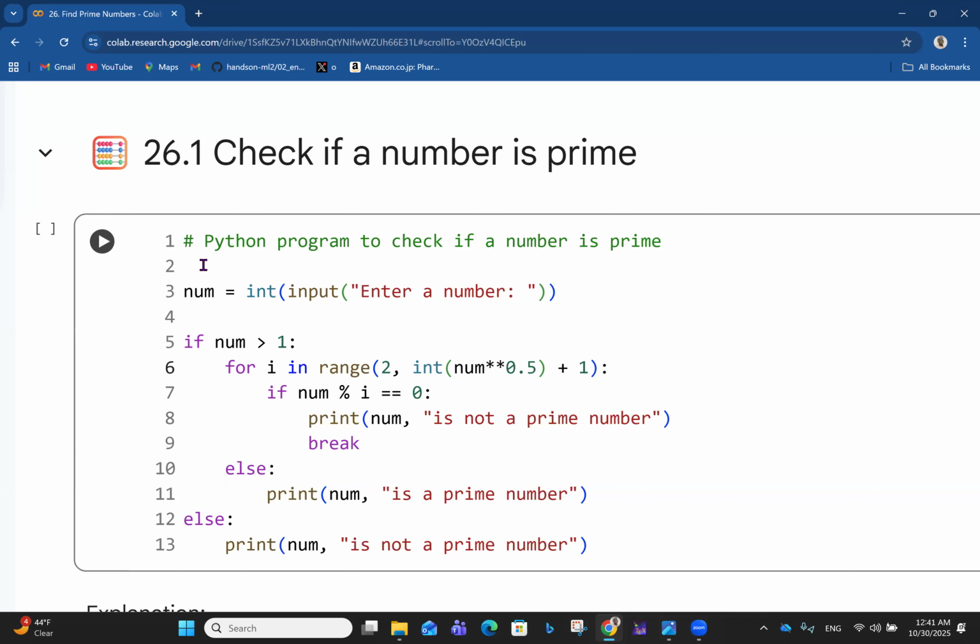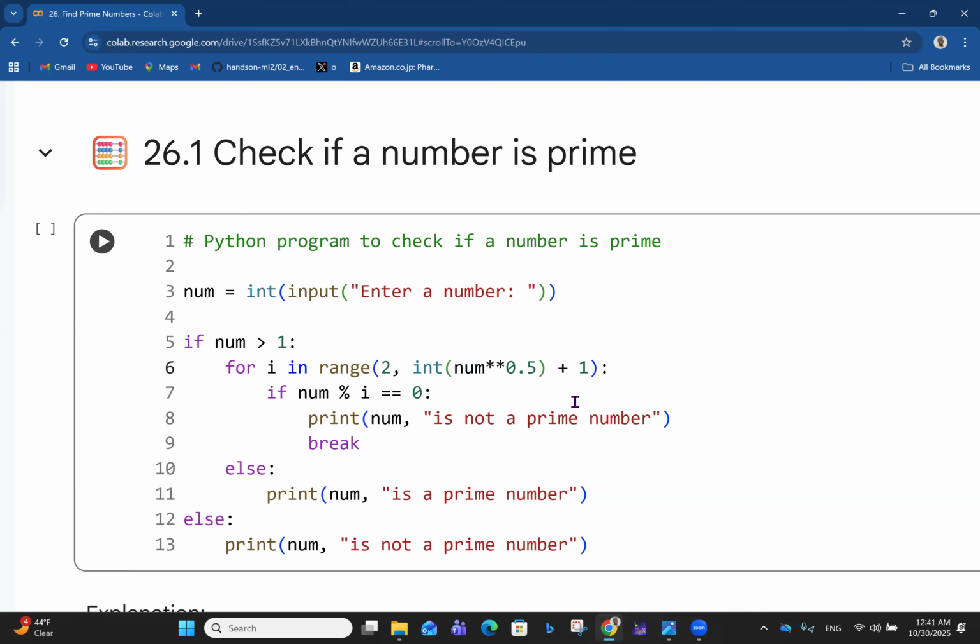By the time you supply that number, it's tested: if num is greater than 1, first of all, that's the first condition. Then for i in range 2, which is the minimum, up to the integer part of the square root of the number you type, because num raised to the power half is the square root of num.